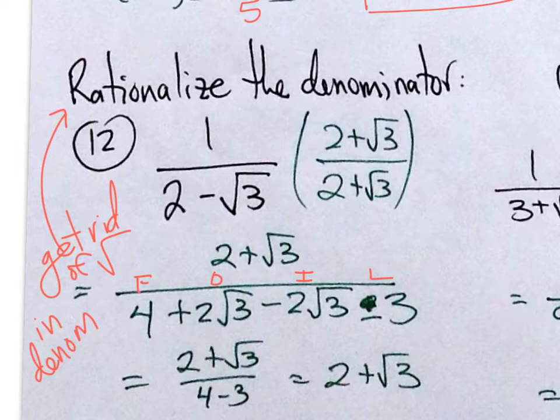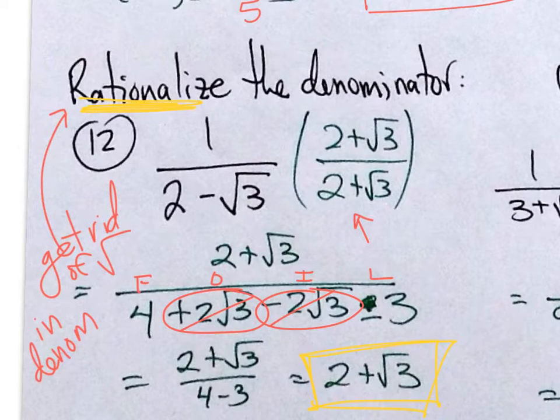And so what happens, you see how we have a positive 2 root 3 minus 2 root 3. Those are out of there, and that always happens when we do this trick. So up top, 2 plus root 3 over 4 minus 3, which is 1. So we get a 2 plus root 3. That was nice and simple. I can go for that.